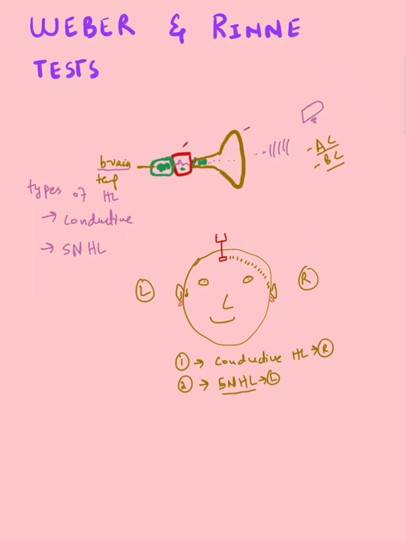So then the question arises: how do we know whether the right ear has conductive hearing loss or the left ear has sensorineural loss? Well, for that we do something called the Rinne test.